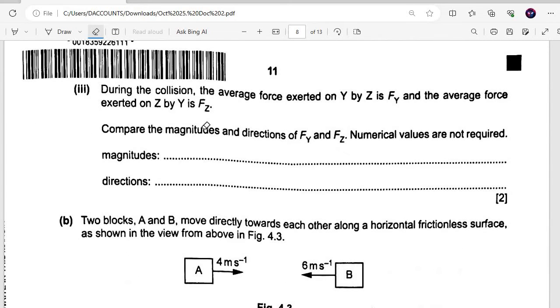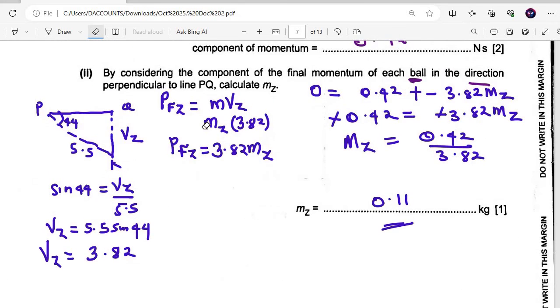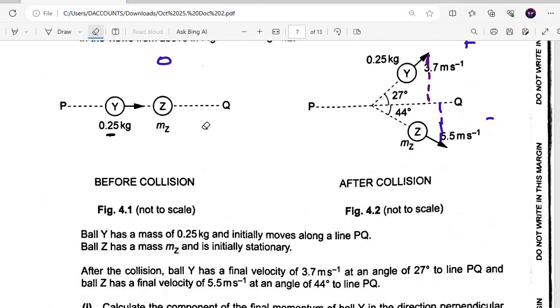Now, during the collision, the average force exerted on y by z, this is what they mean, and the average force exerted on z by y, like this is what they are talking about.